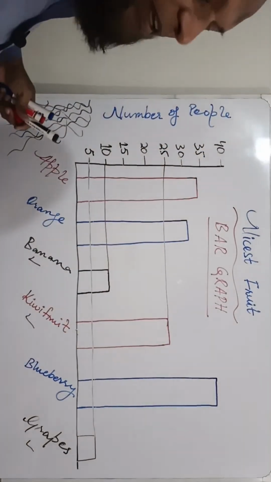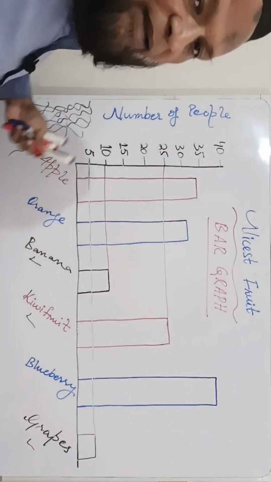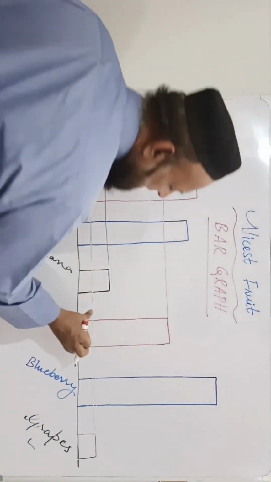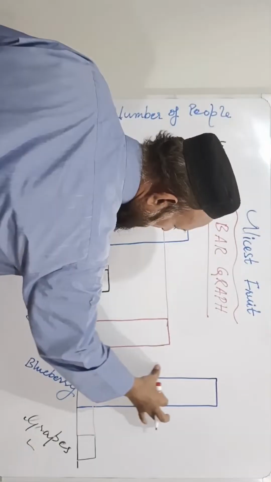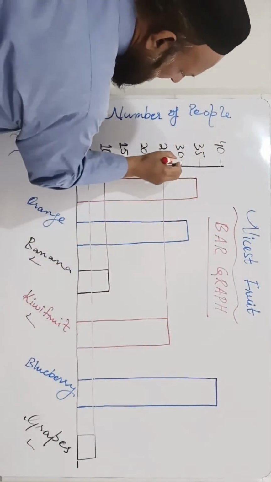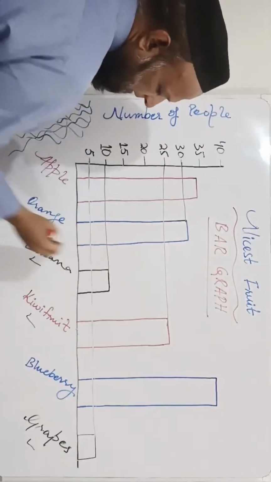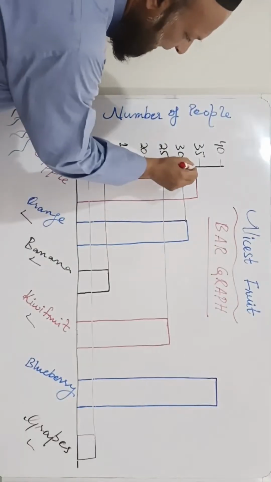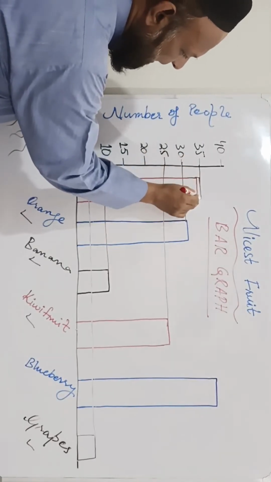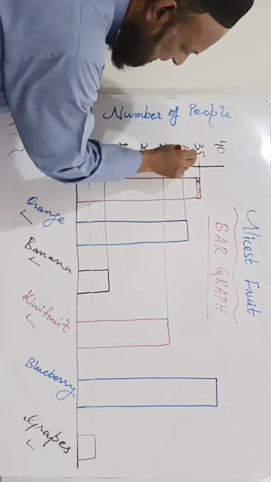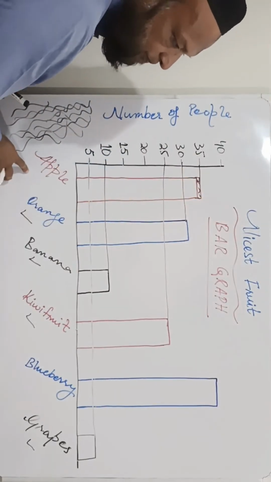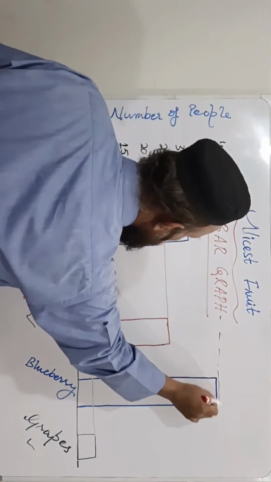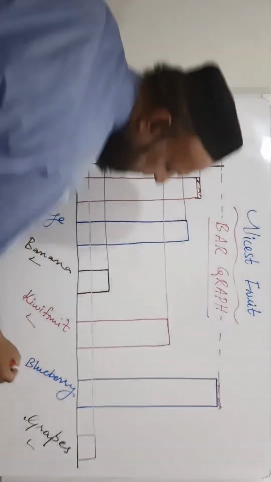The data is given in the form of bars instead of lines or points. You can see that these are the bars. Come to the next one. 30 people like oranges, 35 people like apple, and about 40 people like blueberries.